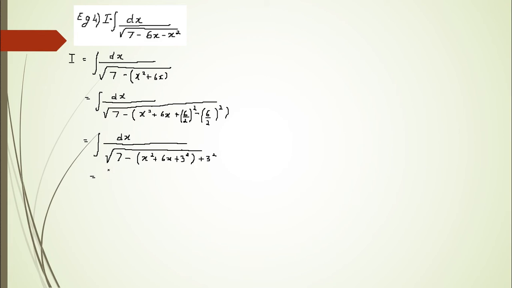So this will give integral of dx divided by whole root of, now 7 plus 9 is 16, so I can write as 4 square minus, now this part I can write as x plus 3 whole square.